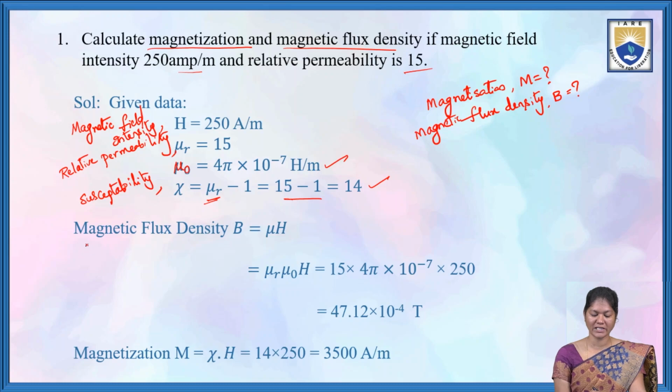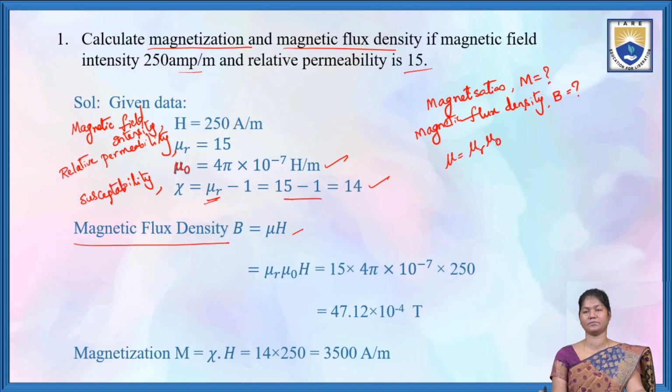So magnetic flux density B is equal to mu H. As we know that mu is equal to mu r mu naught.